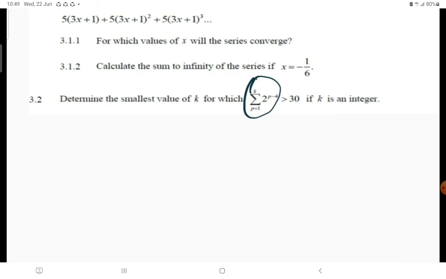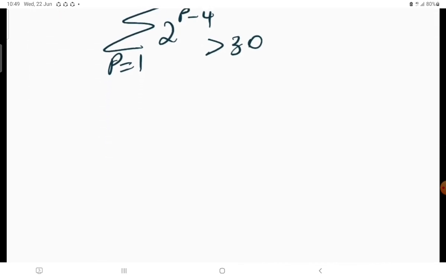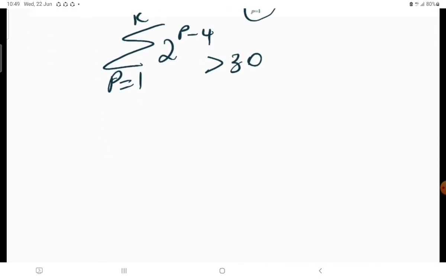So if you don't see this one clearly, let me just write it in bold. Then we have k here, then 2 to the power of p minus 4, which is greater than 30. Now let's find the first three terms.